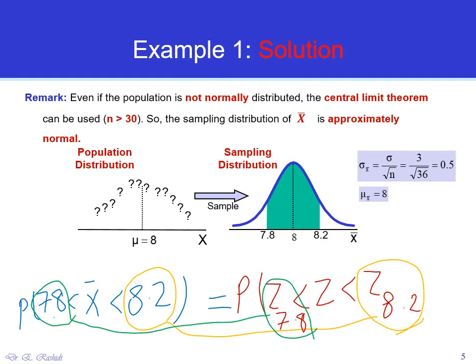So this way we have converted the distribution of normal x bar to the standardized normal distribution of z. So now we go to the z table and find these z distribution values, and then we can compute the probability.